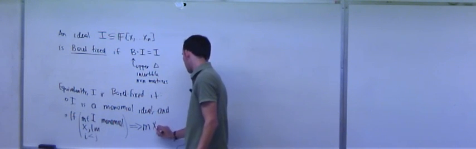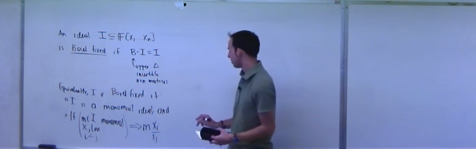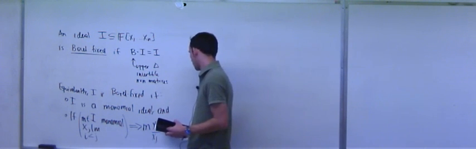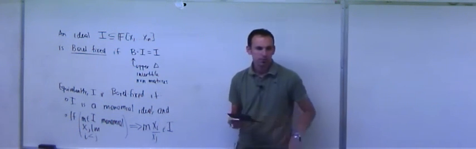The way I do that is by multiplying by xi over xj, and this should be in the ideal.